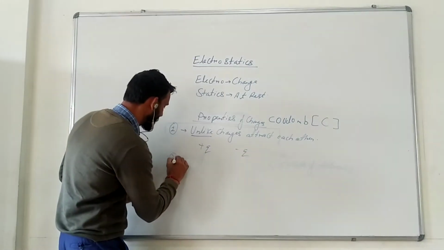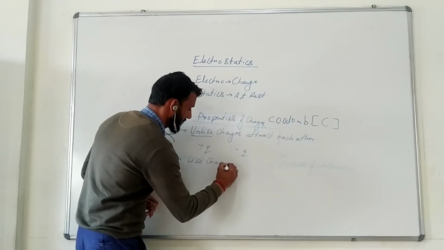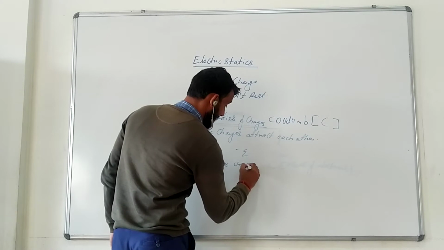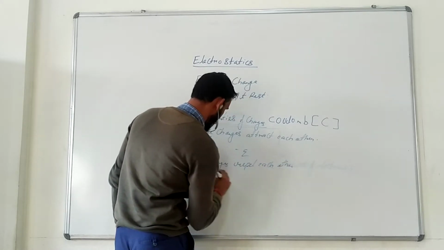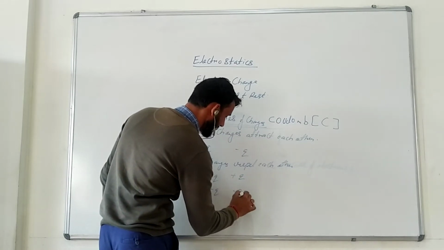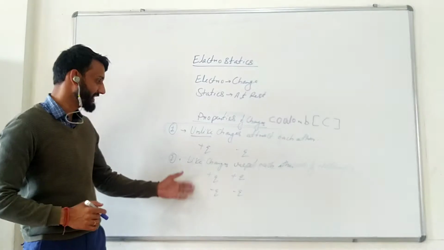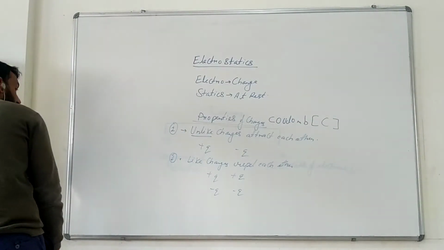If they are like charges, they will repel each other. If you have plus q and plus q, or minus q and minus q, like charges, they will repel each other.